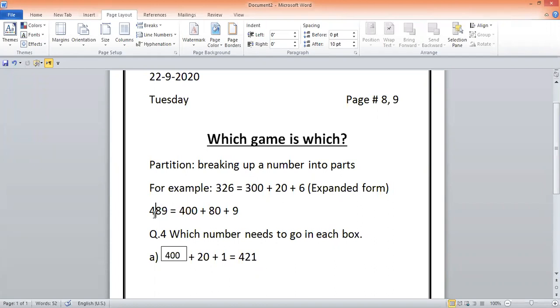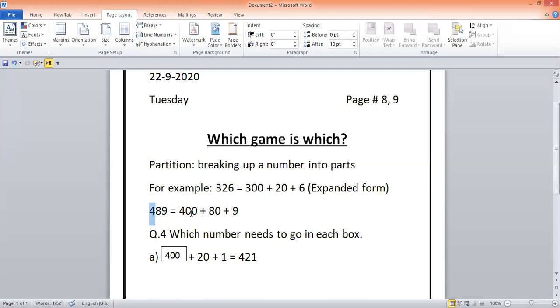If you remember, in the previous topics, we have already done the values of different numbers, in the beginning topic: hundreds, tens and ones. So if I ask you what is the value of digit 4 here, you will say, sir, 4 is on the place of 100 here. That's why its value is 400.